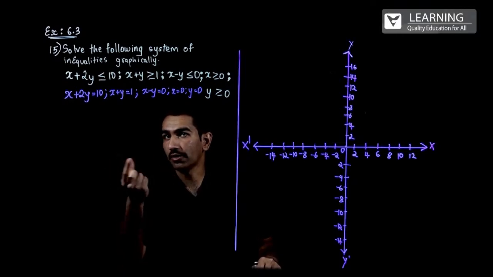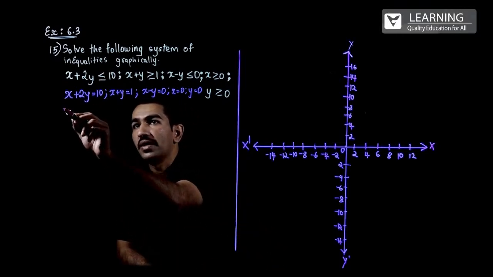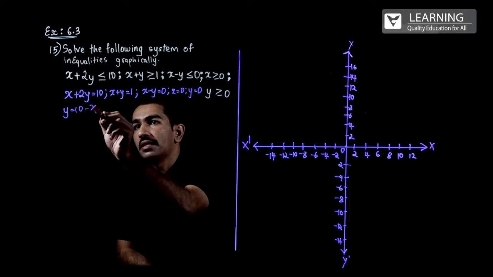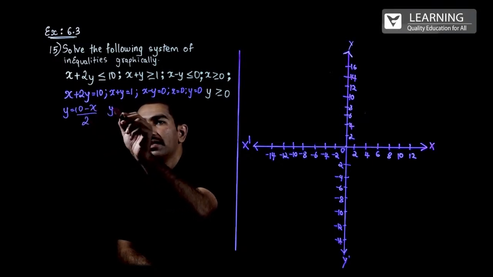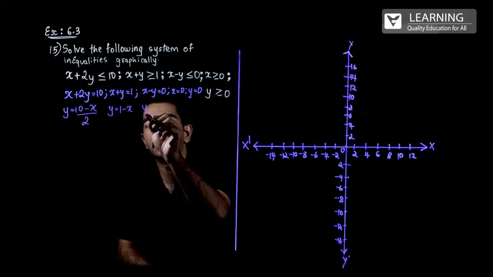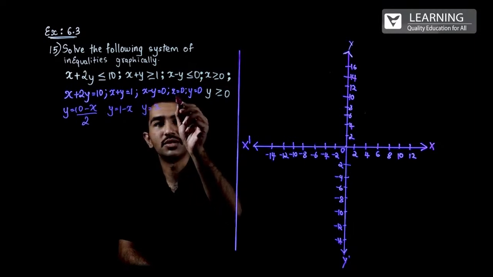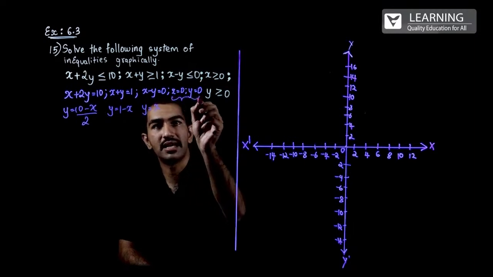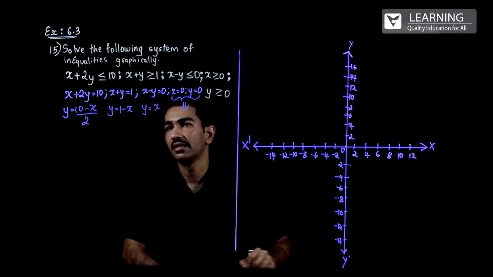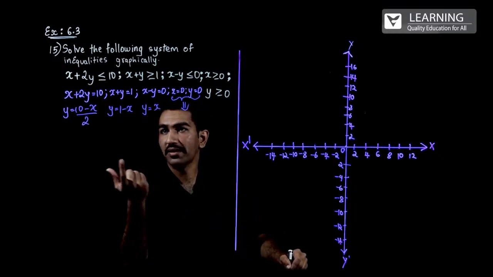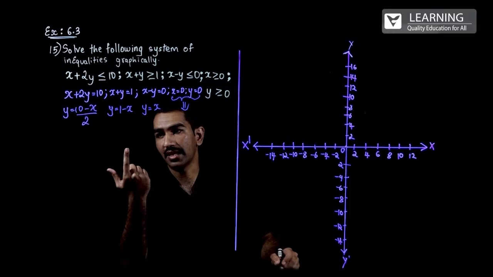Next, what we have to do is find out y in each case. So here what is y? y will be equal to (10 minus x) by 2. What is y here? 1 minus x. What is y here? x. For the last two there is no y, let this be as it is and let this also be as it is. Once we find out y from each of these equations, start drawing the table.